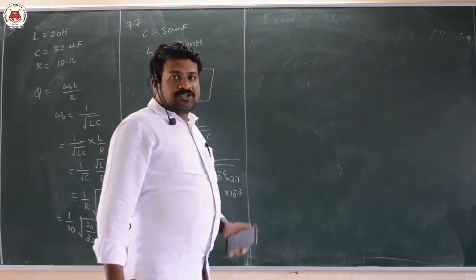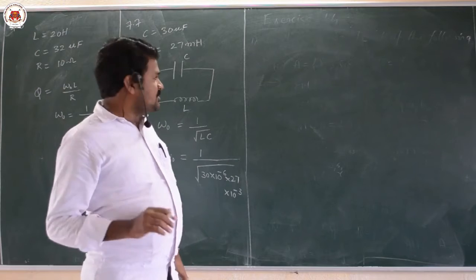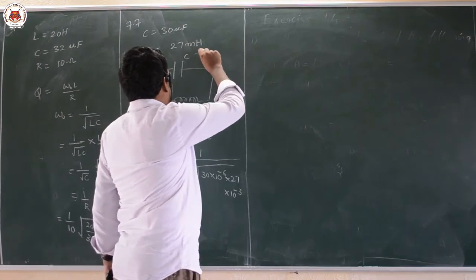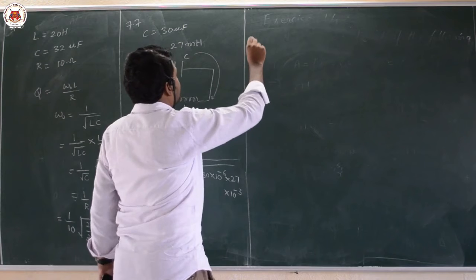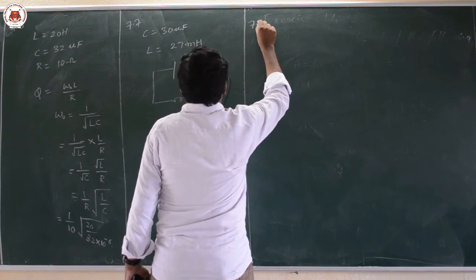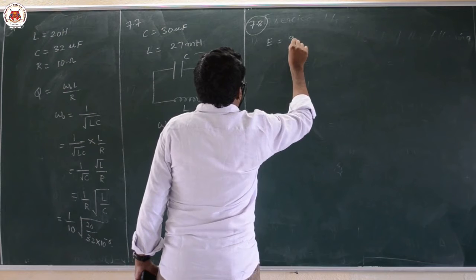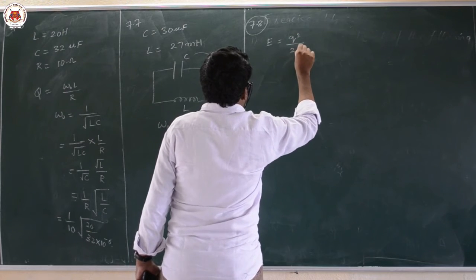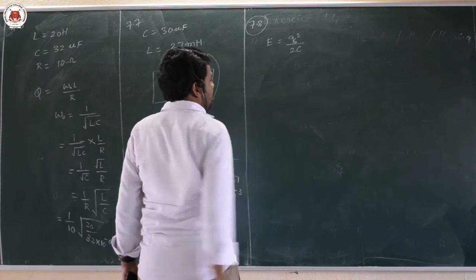See, this is an LC oscillation. In LC oscillation, total energy will be conserved. First the energy will be with the capacitor, then afterwards it comes to the inductor. Energy associated with the capacitor will be Q square by 2C, where we take Q as Q naught, the maximum charge.